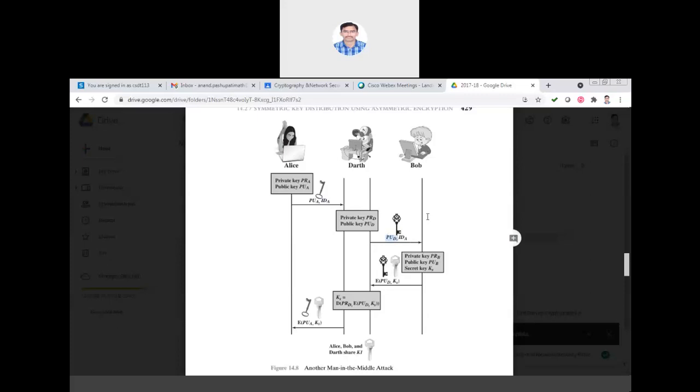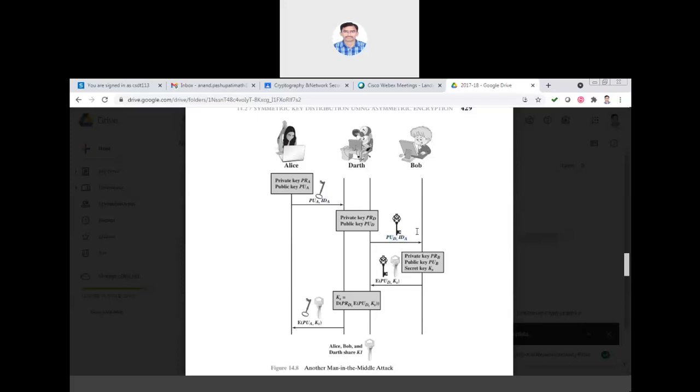Bob does not come to know, because the public key is in the form of a hash, a hexadecimal number. So Bob cannot know that the public key which came along with IDA is not A's.